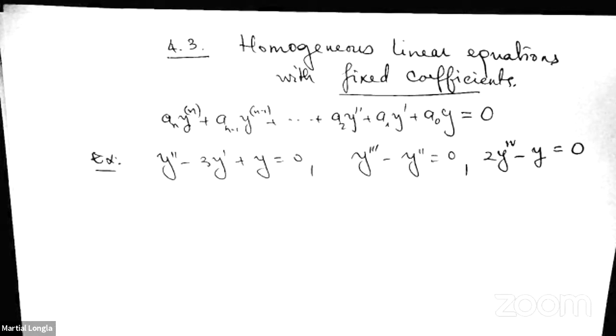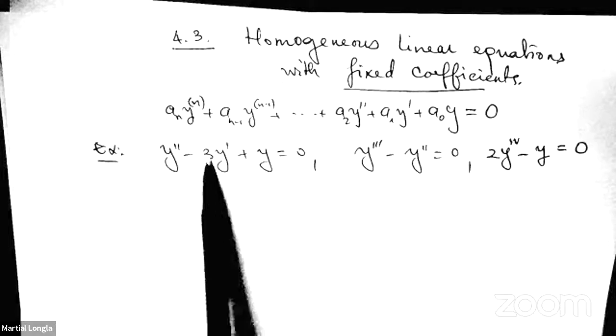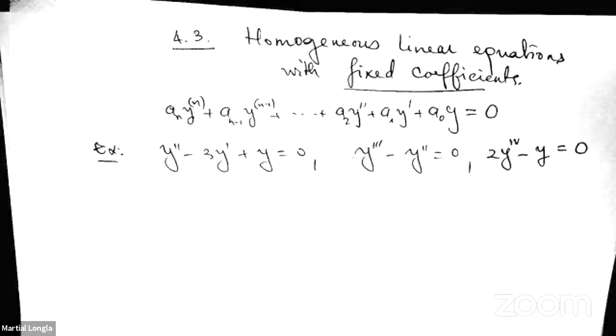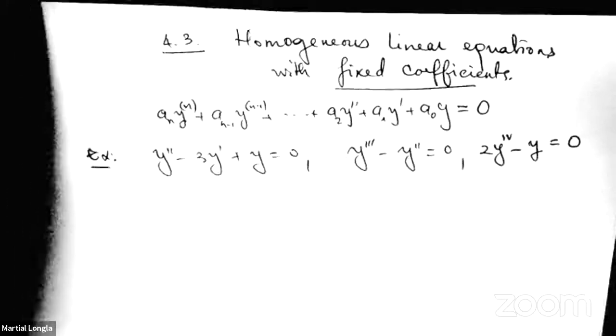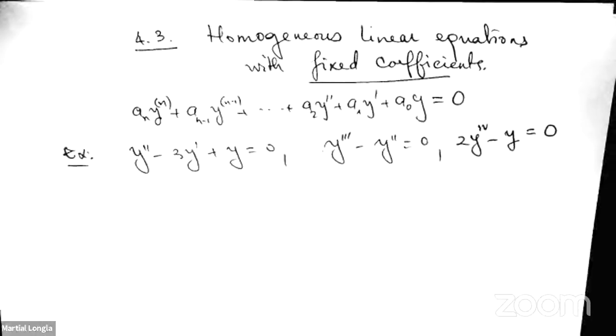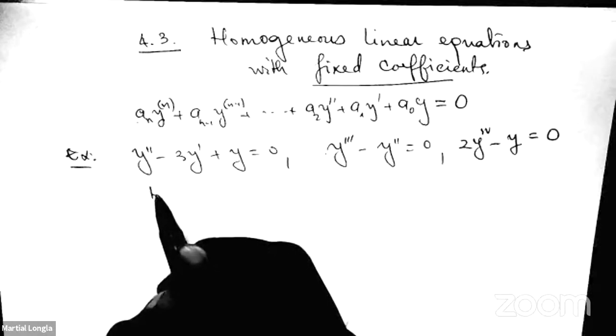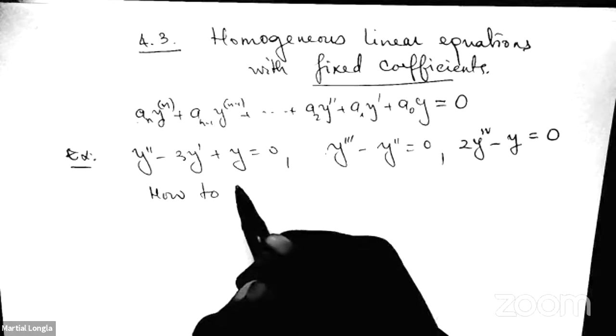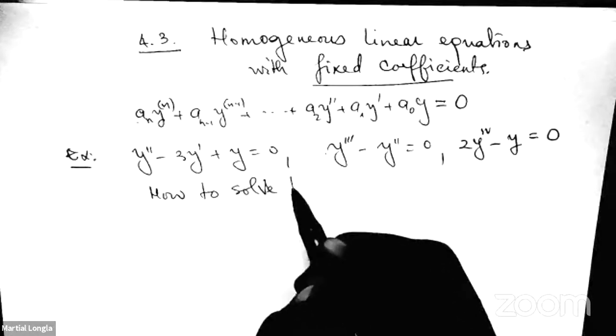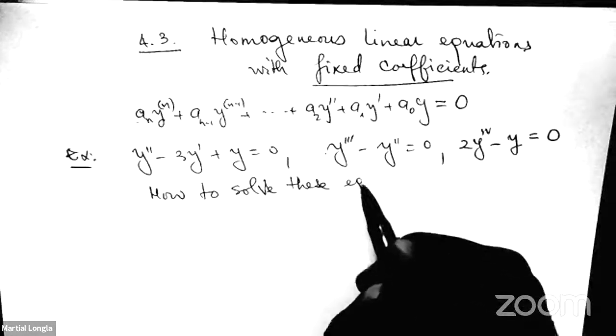So those are all linear, homogeneous differential equations with fixed coefficients. The coefficients here are 1, -3, 1, 1, -1, 2, -1. So you don't have a function in the coefficients, no x showing up in the equations. That's what it means, fixed coefficients. And our job in this class, starting from now, is how to solve these equations.